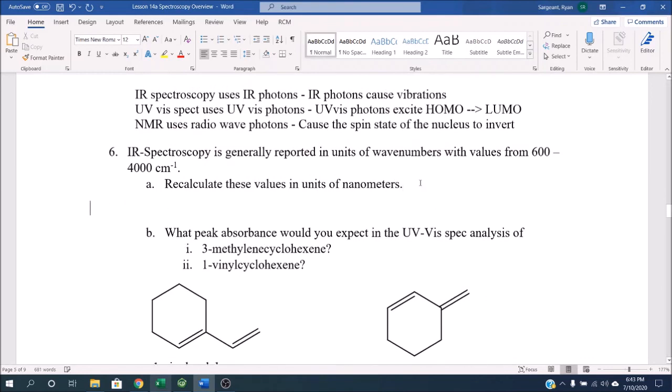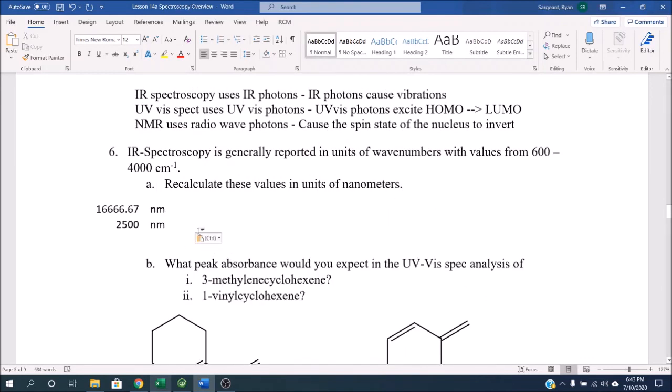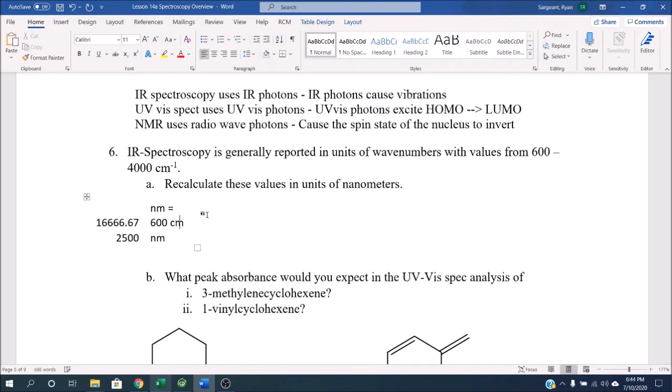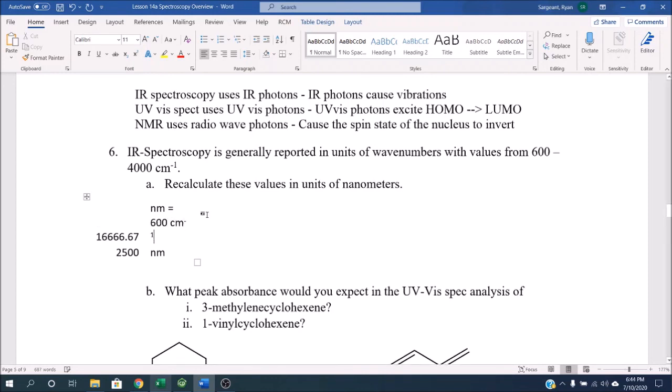If the wavelength of these photons is longer, that suggests their energy is lower. So IR spectroscopy uses lower energy photons. This corresponds to the 600 wave numbers, and the other one was the 4,000 wave numbers.